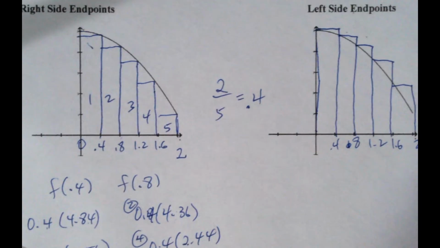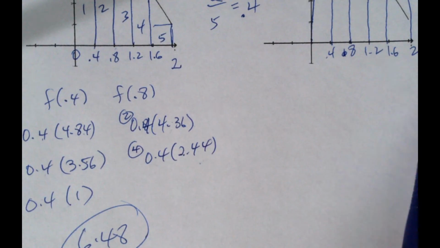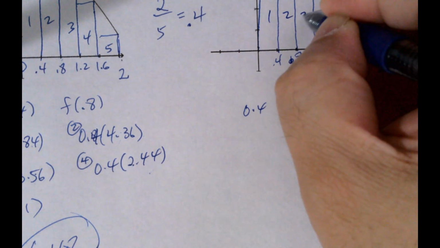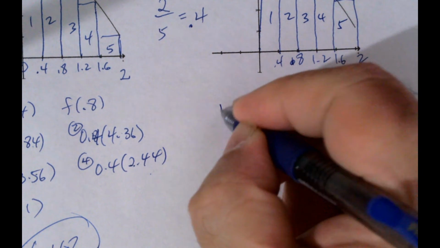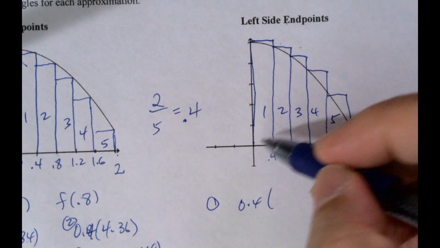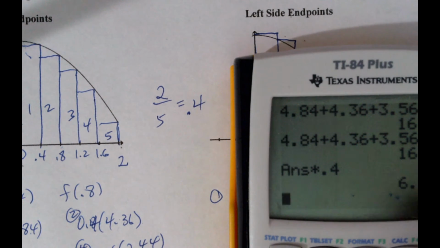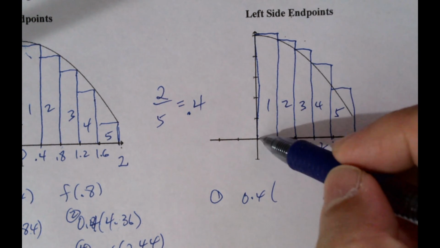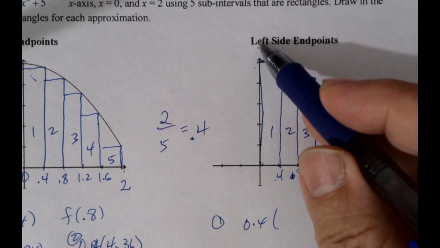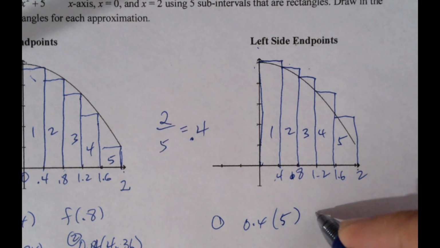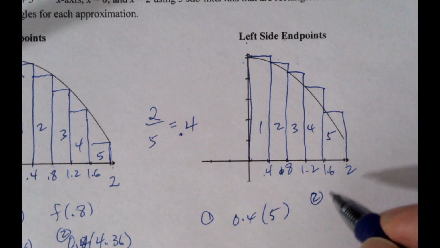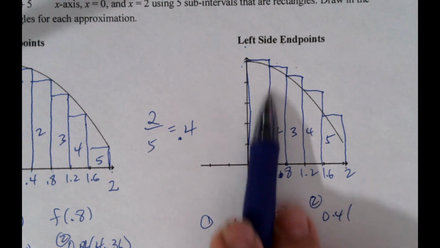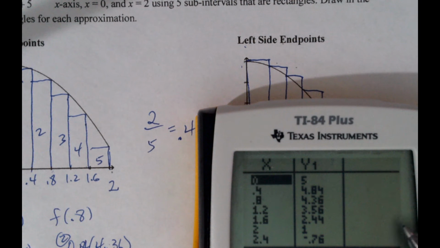All right, now the difference is, well, let's write it down first. So it's still 0.4, and let's number these rectangles like we did last time. This is rectangle 1. That's going to be times, and remember, my table started at 0, so when I plug in 0, I get 5. That's the height of the first rectangle. Rectangle 2 is 0.4 times, plugging in 0.4, which is 4.84.